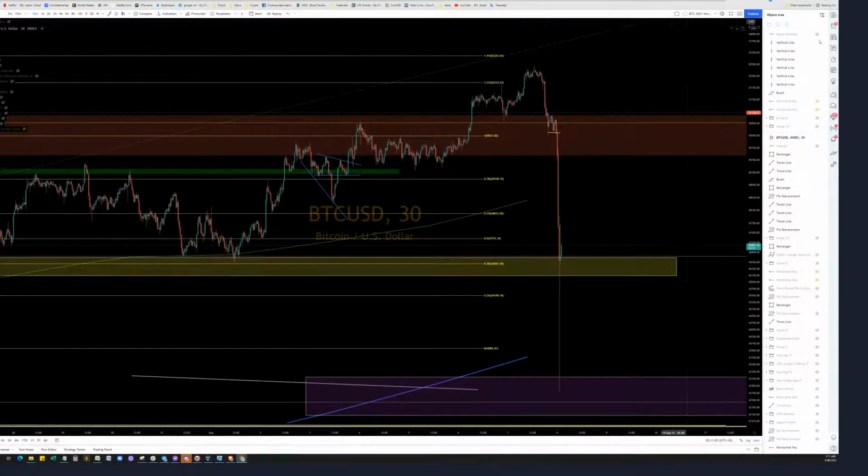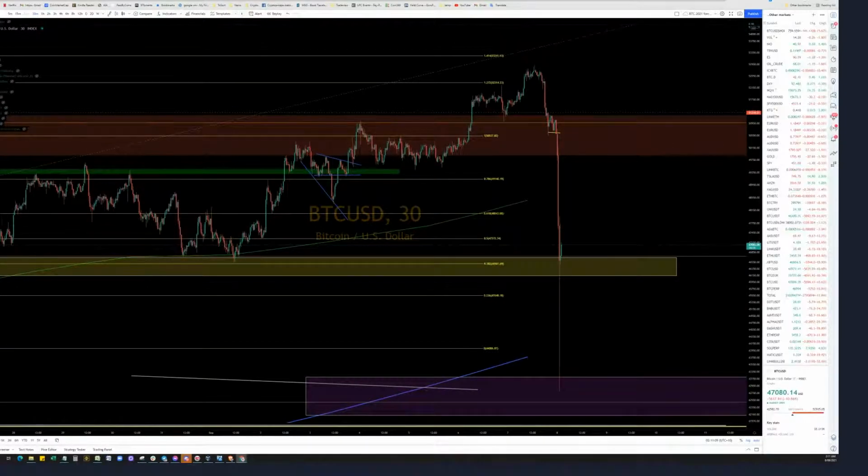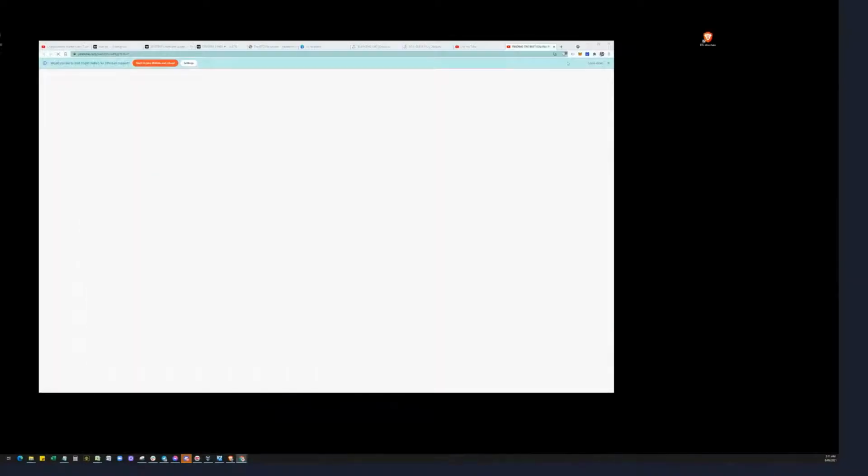Now let's look at what the other coins are doing. Let's load. Actually, what have we got?